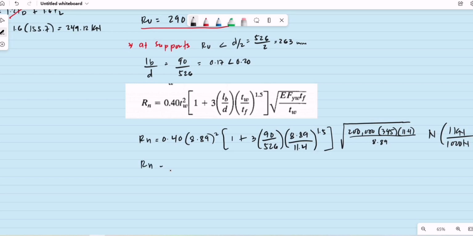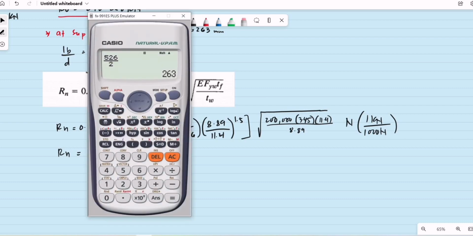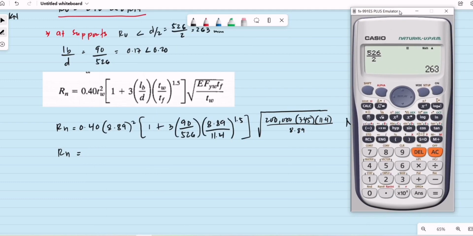I'll start with the term with the square root: the square root of 200,000 multiplied by 345, times the thickness of the flange 11.4, divided by 8.89.